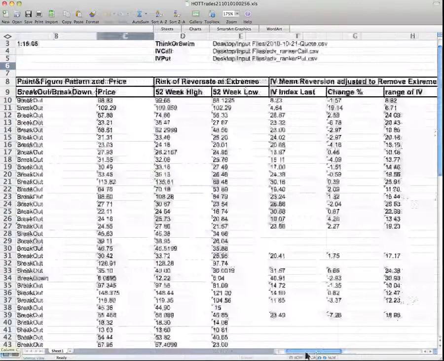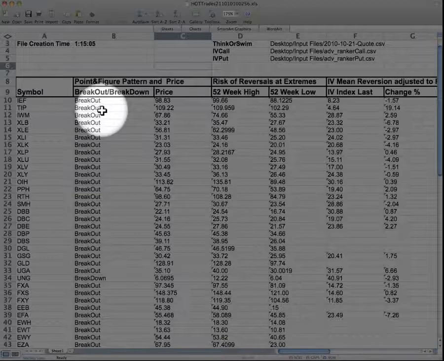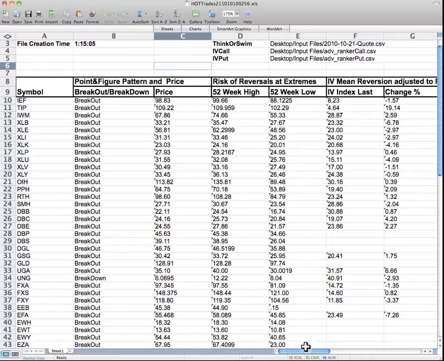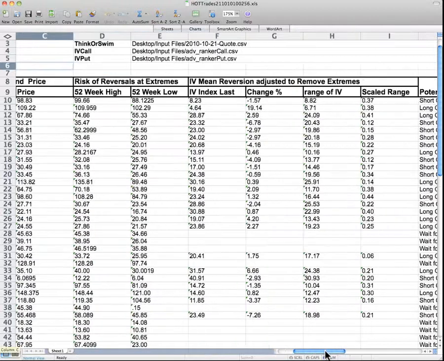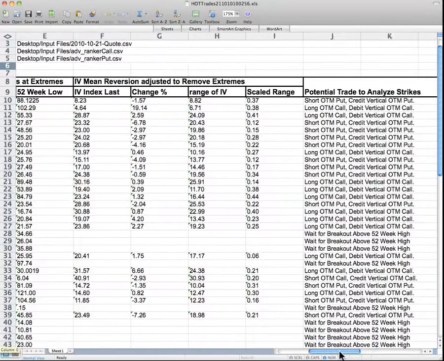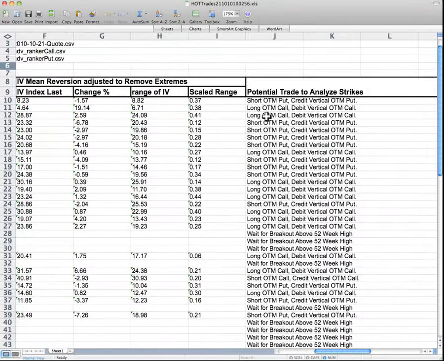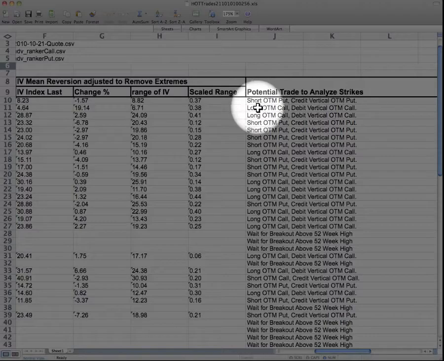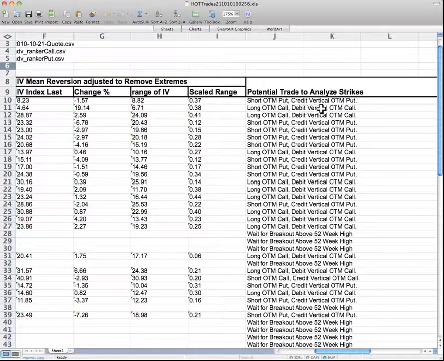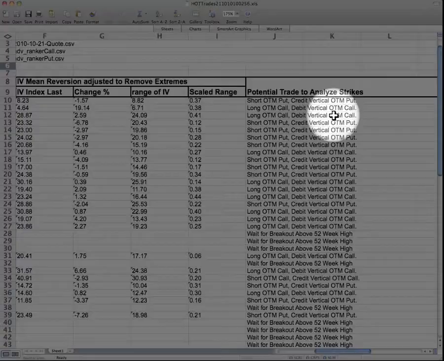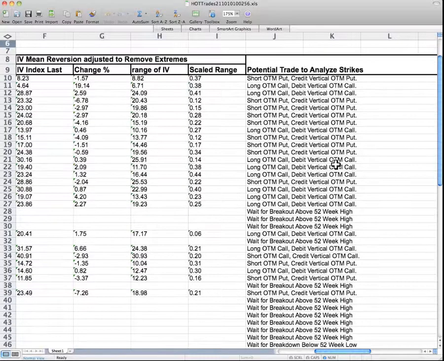So for an upside trade, like a breakout, what the applet does with the parallel algorithmic logic built into it, based on implied volatility studies, it will basically make a recommendation whether that should be a short out of the money put or a long out of the money call, a credit vertical out of the money put or a debit vertical call.